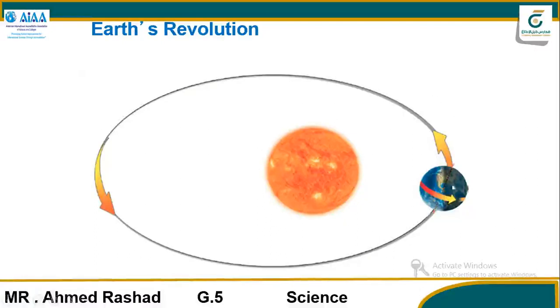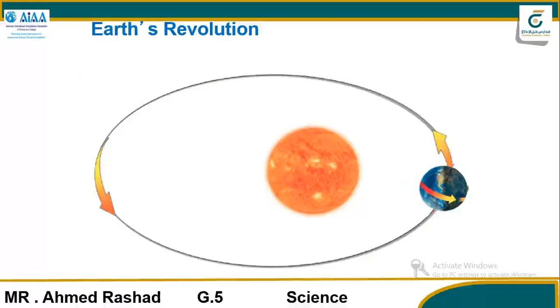And the movement of the Earth around the Sun is called revolve or revolution. One revolution of the Earth around the Sun takes 12 months, and this causes 4 seasons in the year, and this takes 364 days, and each 4 years that completes 365 days.